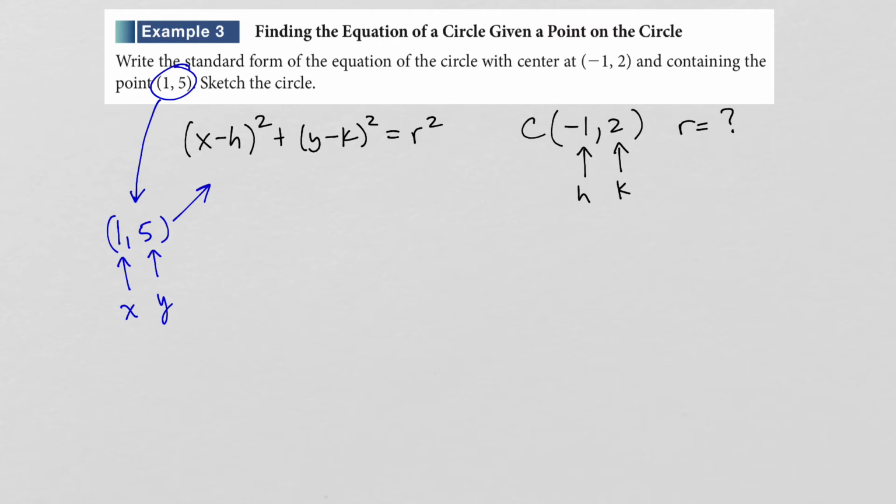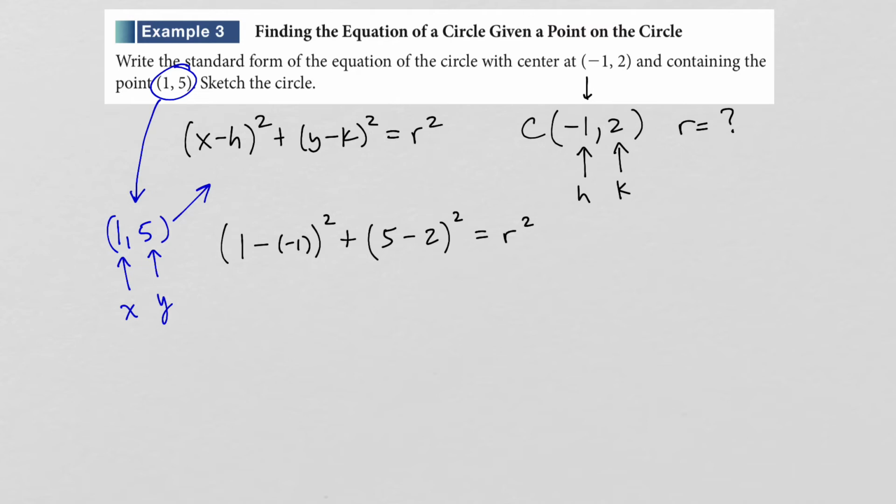So if I plug in 1 for x, we get 1 minus, and then h over here is -1, plus y is 5, so we have 5 minus, and then k is 2, and that's equal to r squared.